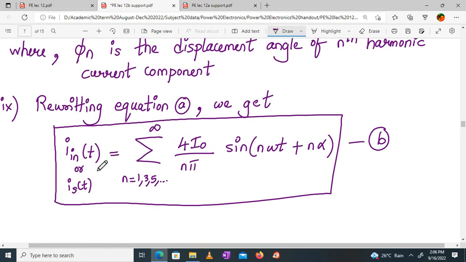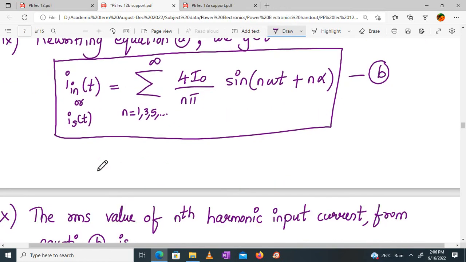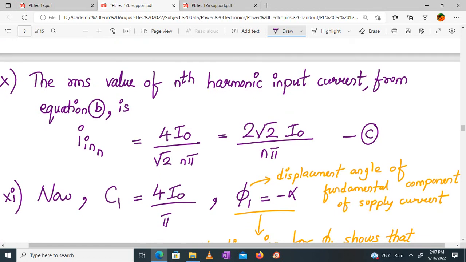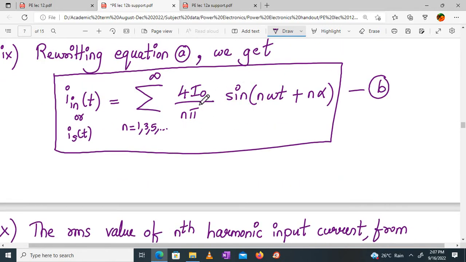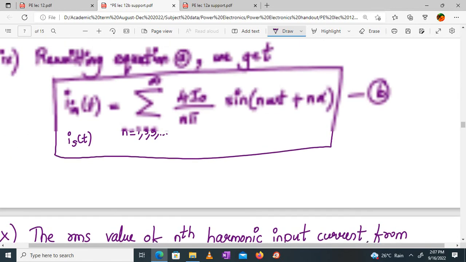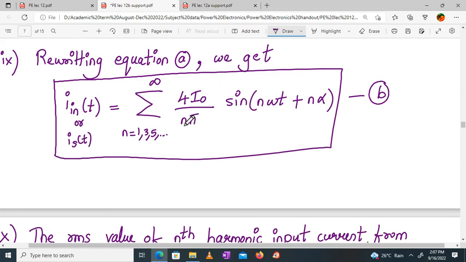ठीक है? अभी ध्यान से देखो. RMS value of the nth harmonic input current. ये क्या है? ये peak value. I mean this is जैसे Vm रहता है, ये Im है. तो how will you write RMS? Vm by root 2 ना, तो ये Im by root 2. तो ये वाला जो कंपोनेंट है 4 I naught upon n pi डिवाइडेड बाय रूट 2. देखो RMS लिखो.